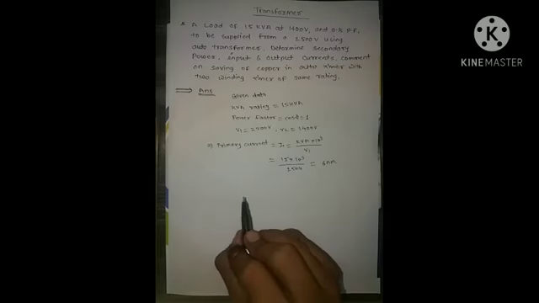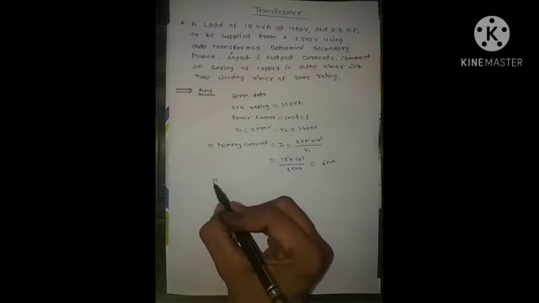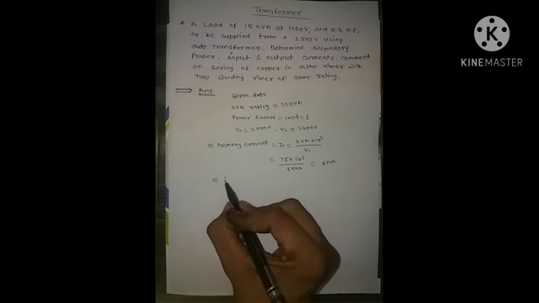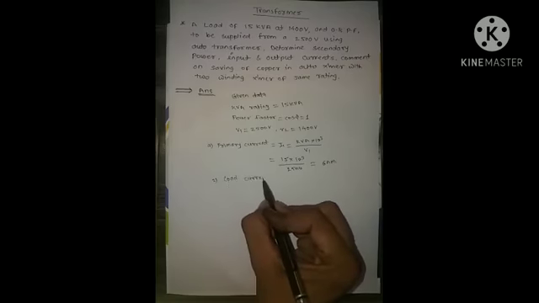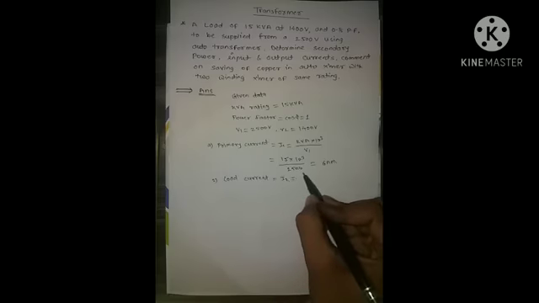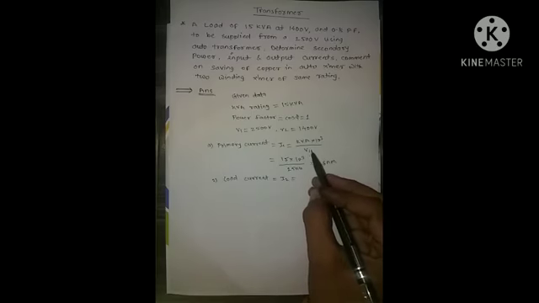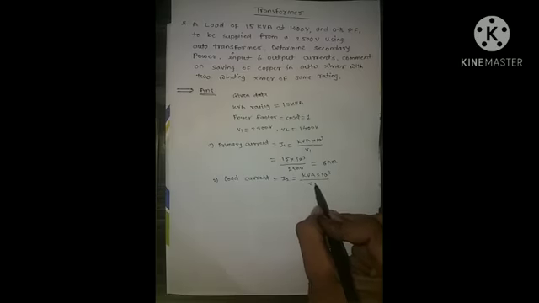Okay, 6 ampere current. After that, in the second step we calculate the load current I2. Use the same formula, only replace V1 with V2. Then the formula is kVA into 10 raised to 3 upon V2.